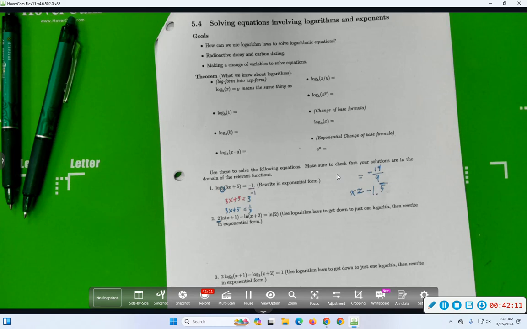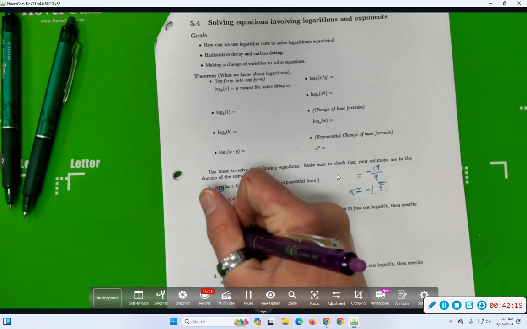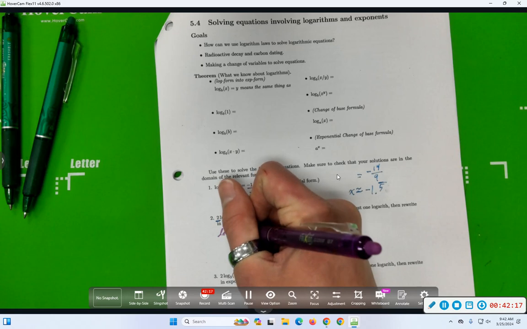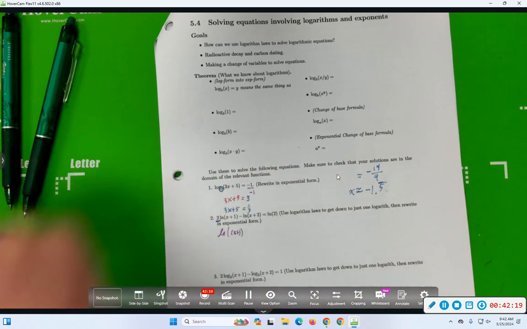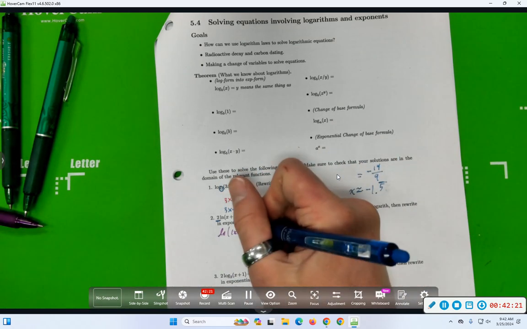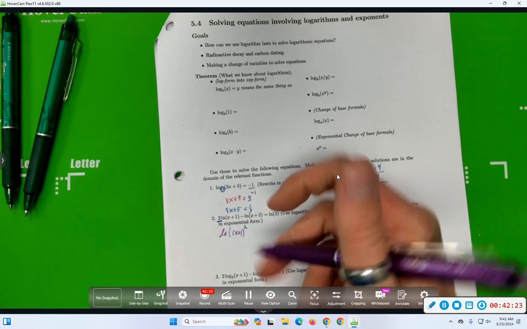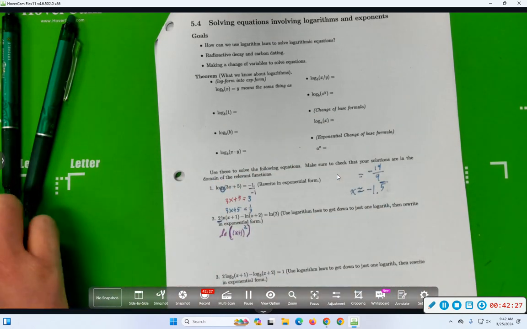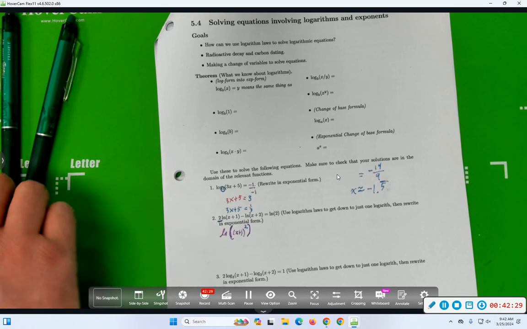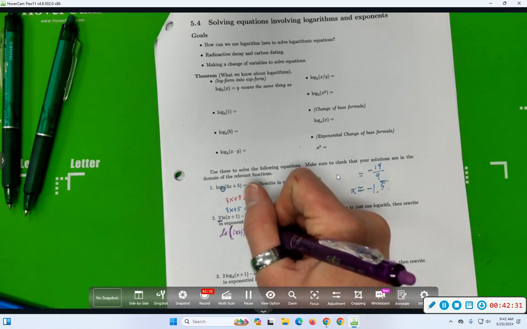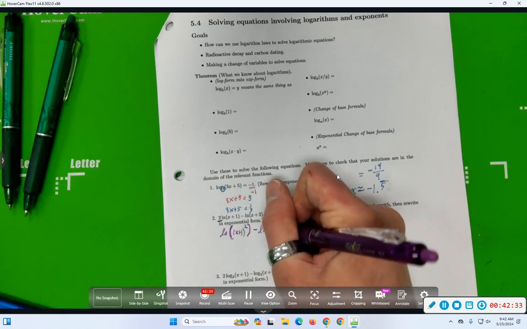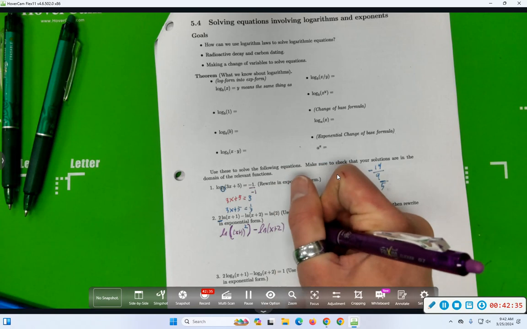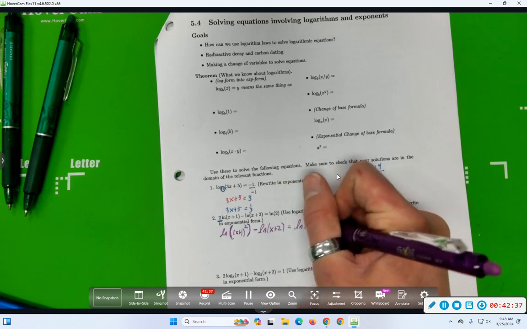So let's do that. That first bit will become ln of x plus 1, and then it'll be squared, all that inside of the log. So I need all these extra parentheses to make sure I'm taking the ln of the right things. Minus ln of x plus 2 equals ln of 2.